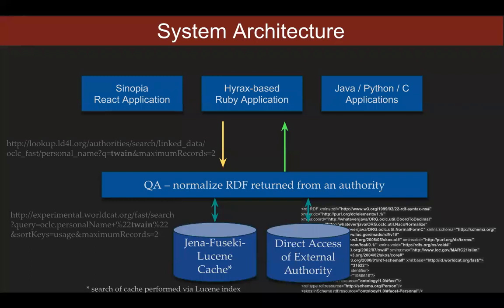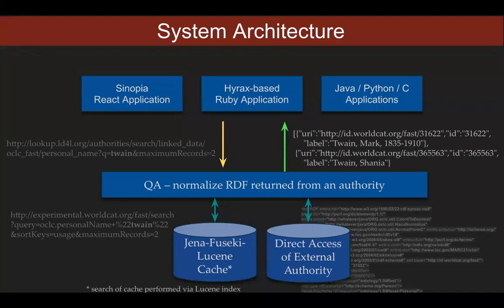And that's the key piece of what questioning authority is going to do for you on the normalization: it takes that RDF, knows how to interpret it, and turns it into the normalized JSON that the applications actually work with. And so you can see it's got the URI for the term, the ID, and the label.